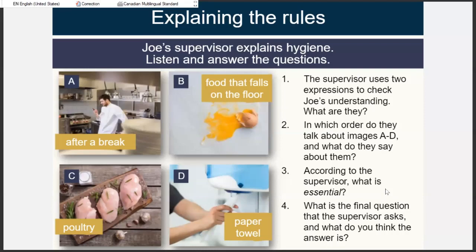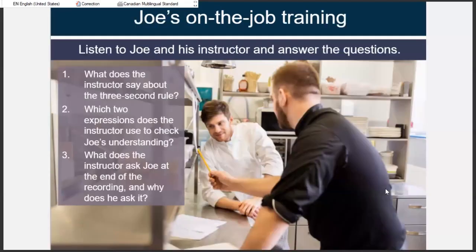All right, let's listen to Joe and his instructor and answer questions 1, 2, and 3. And on the subject of basic hygiene, what should you do if food falls on the floor? Well, it depends, doesn't it? According to the 3-second rule, if you pick it up in less than 3 seconds, it should be all right. What? Haven't you been listening to anything I've been saying about the importance of hygiene?